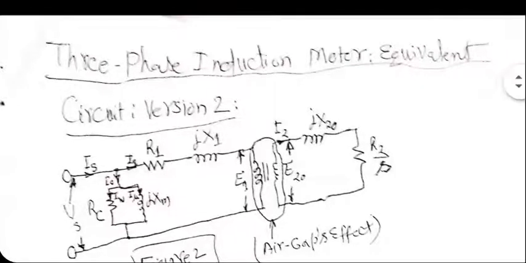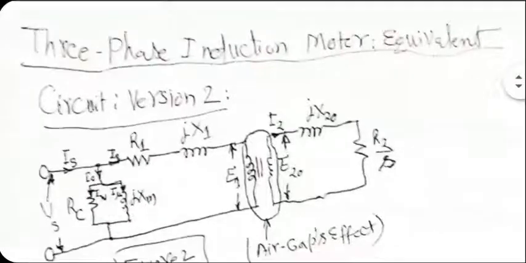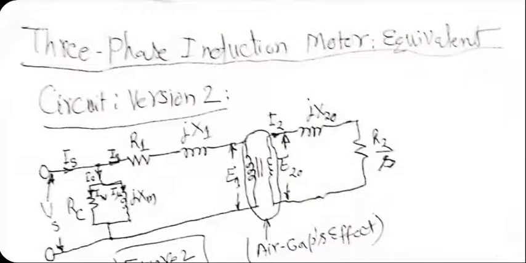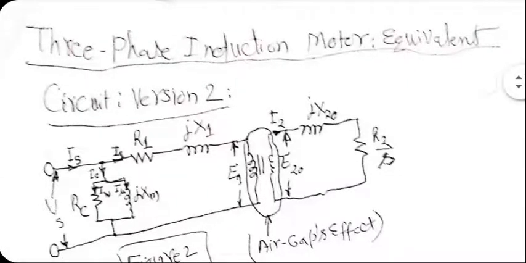So this equivalent circuit essentially works at a single frequency F1. Standstill value of the rotor EMF and standstill value of the rotor reactance are being used. So you don't have to worry about slip, except in the value of R2, which has now been modified to R2 upon S.